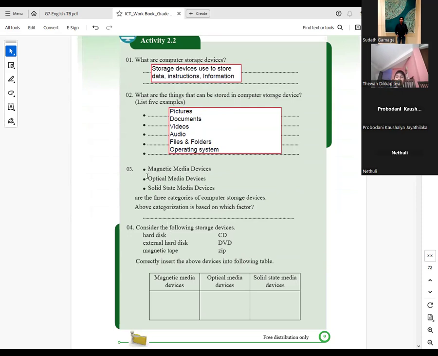Magnetic media devices, optical media devices, solid state media devices are the 3 categories of computer storage devices.